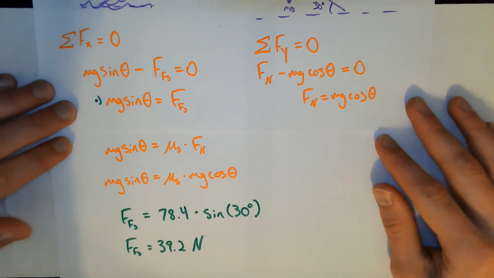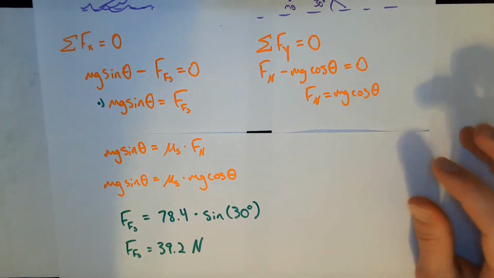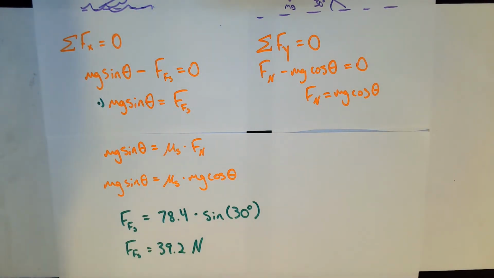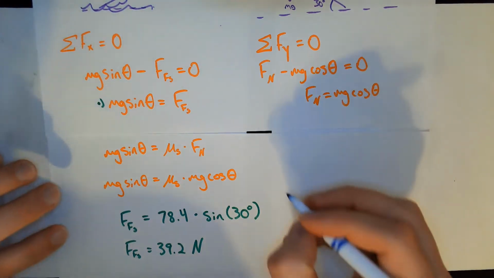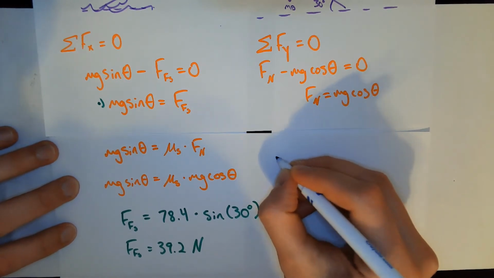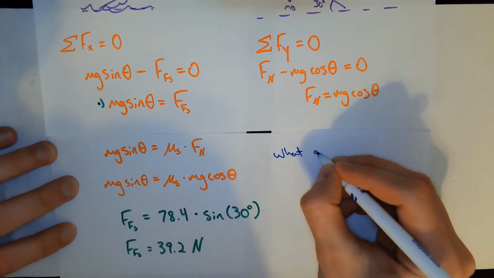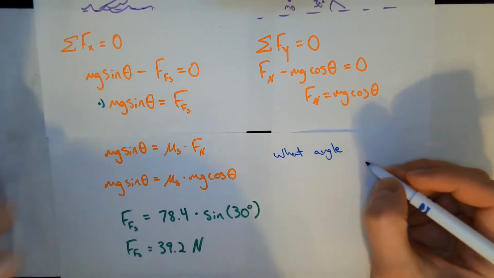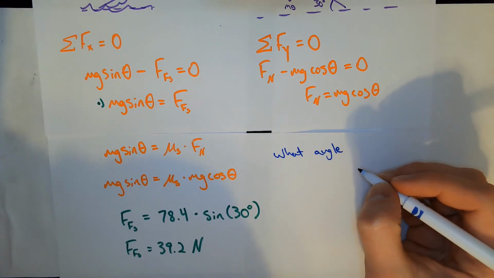So I actually just thought of a good question that could be asked about a situation like this. Say I didn't give the coefficient, no, what was I going to say? I did give the coefficient of static friction. What if I said, what angle, is this too tricky?